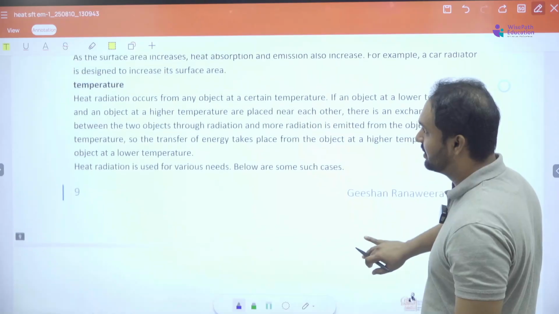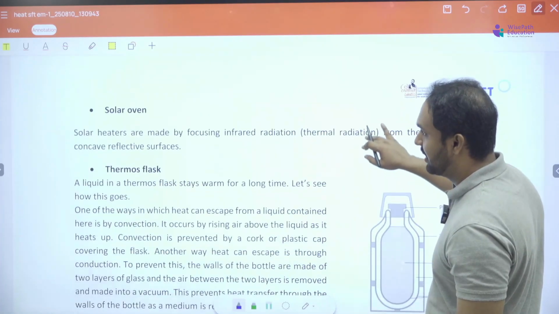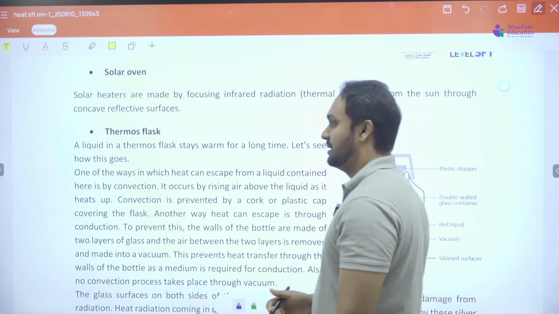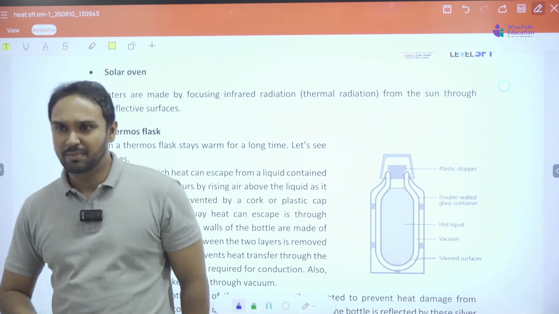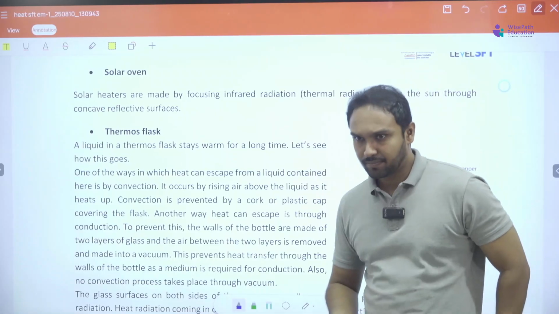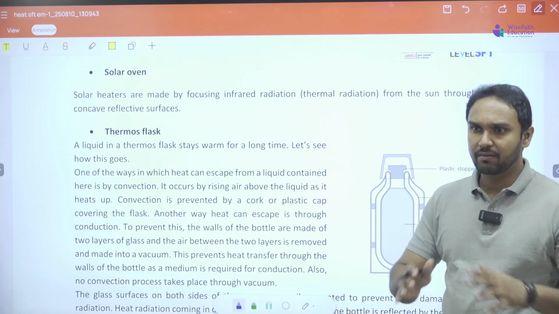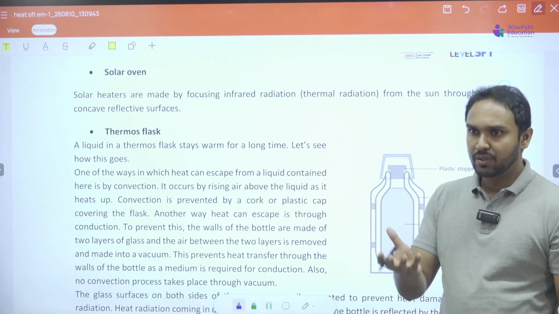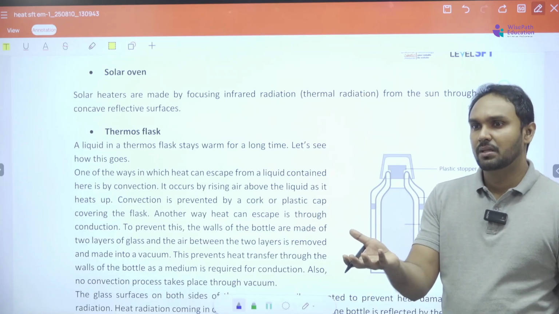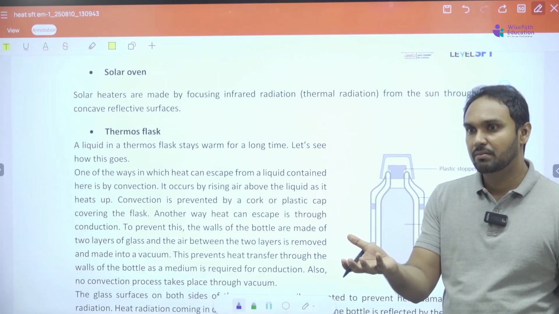And we know already about the temperature. Higher the temperature, higher the emission, isn't it? And the solar oven. This solar oven, you maybe have learned it back in grade 8, 9, 10 somewhere, no? Solar ovens. You make a concave mirror and put a container in the center of the mirror.